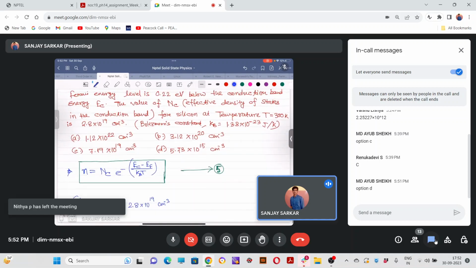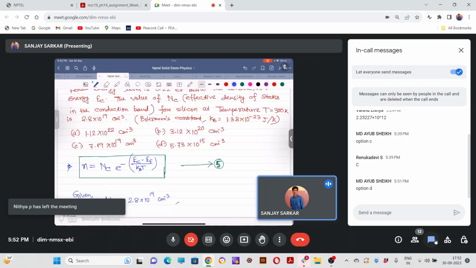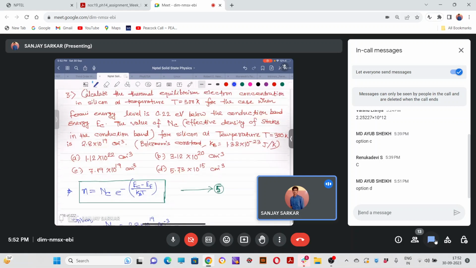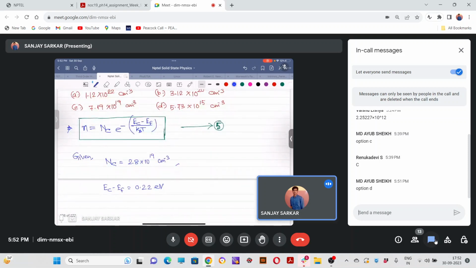So EC minus EF equals 0.22 electron volt, because it is already written in the question that the Fermi energy is 0.22 electron volt below the conduction band. So Fermi energy is below the conduction band. This is EF, this is EC, and that gap between these two is 0.22 electron volt.